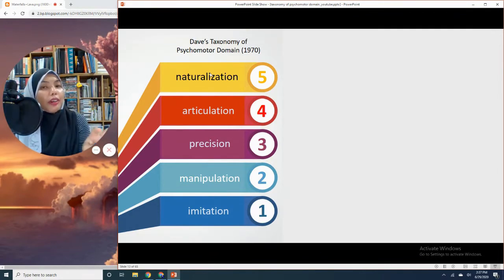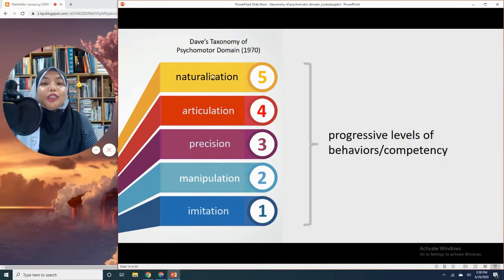Now, when we talk about taxonomies for cognitive and affective domains, we always talk about these levels increasing in terms of complexity. But the best term when we are describing levels within psychomotor learning is in relation to competency. As we move up, the more competent we are, and as we move down, the less competent we are.